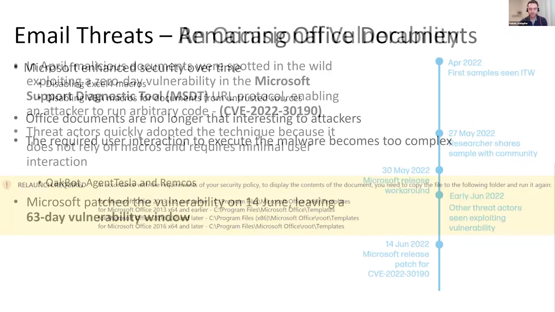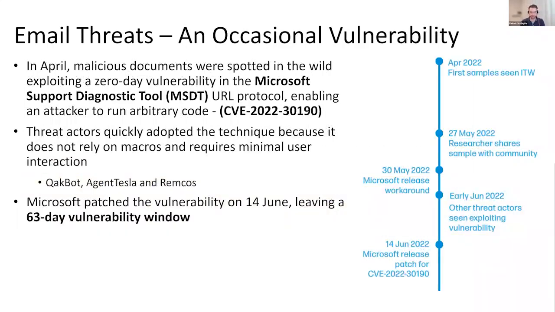But macros are not the only way to execute code within the Office suite. From time to time, there's also a vulnerability. And one of those vulnerabilities was seen last April. It was spotted in the wild, and the vulnerability was in connection with the Microsoft Support Diagnostics tool, in particular with the URL protocol.